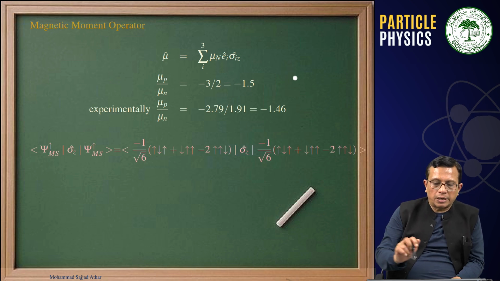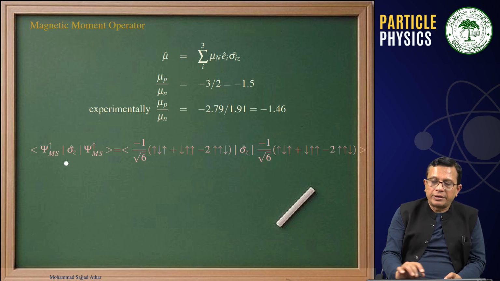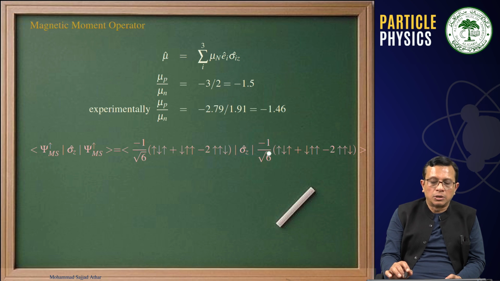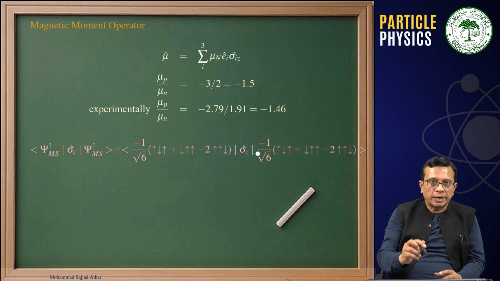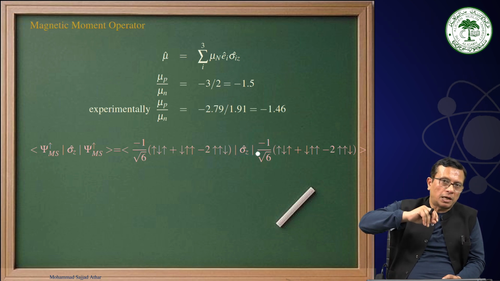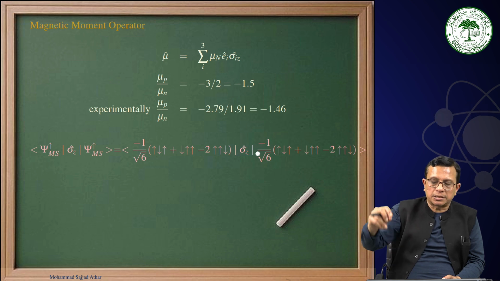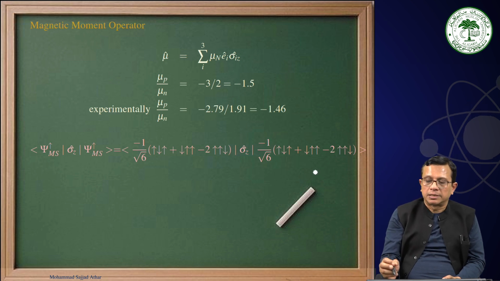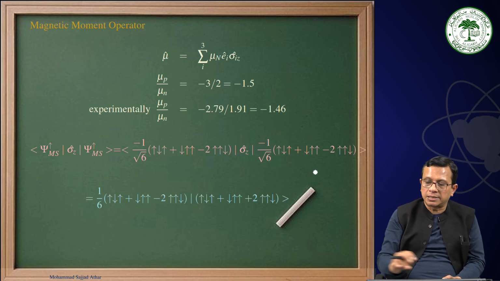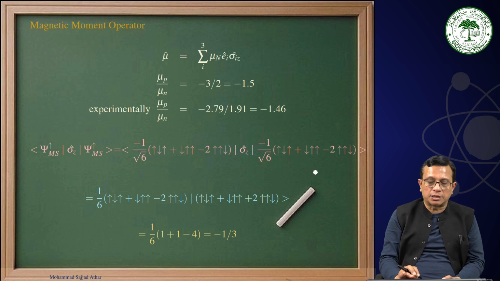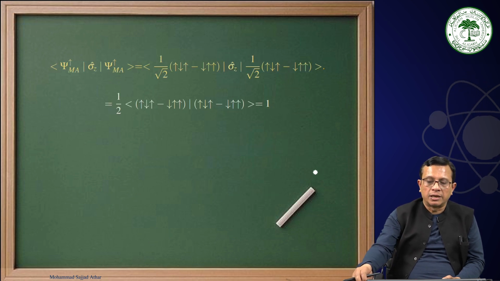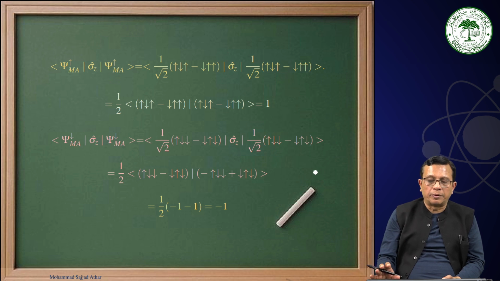And this is what we have discussed just now for the particle which has spin half, whose projection is plus half. This is the result. Similarly, for the mixed symmetric case, we have obtained minus 1 by 3. And for the mixed antisymmetric case, we have obtained it to be 1.